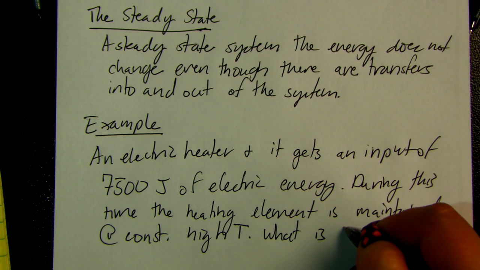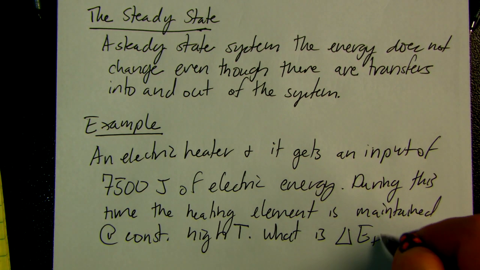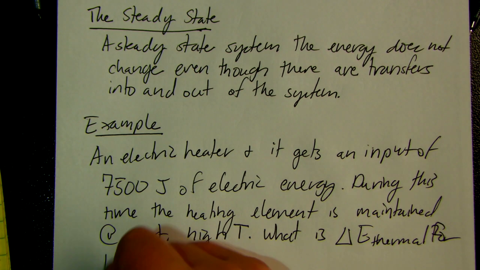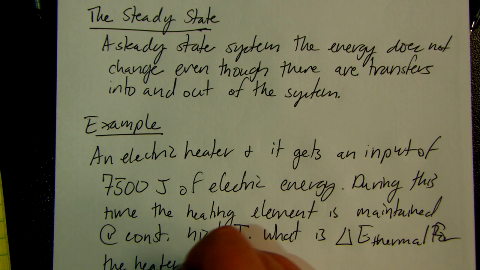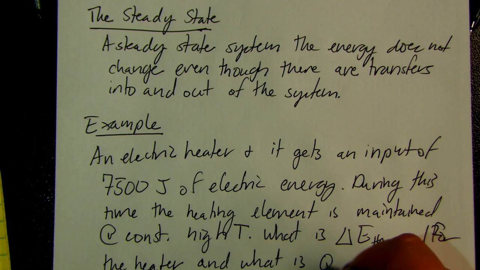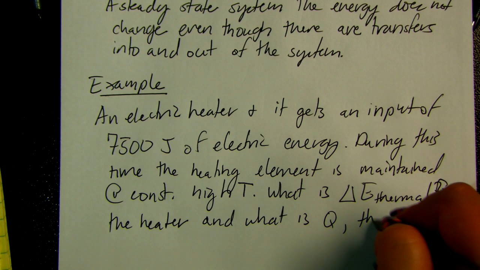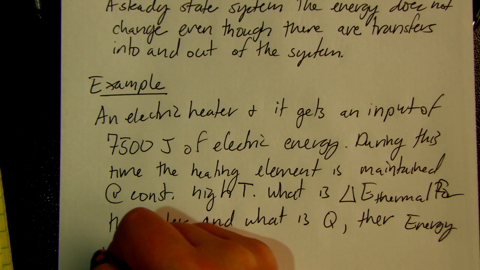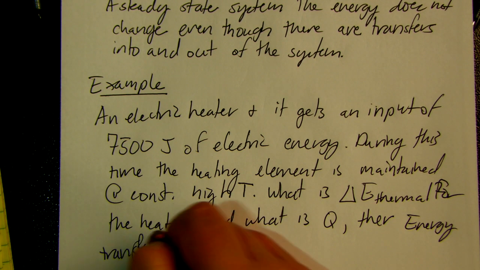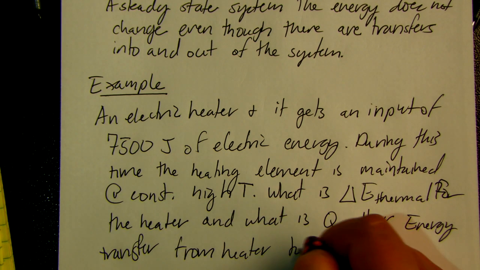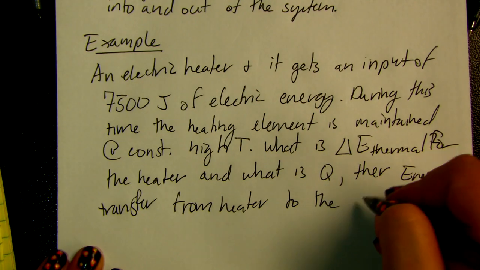What is delta E thermal for the heater? And what is Q, the energy transfer from the heater to the cooler air?